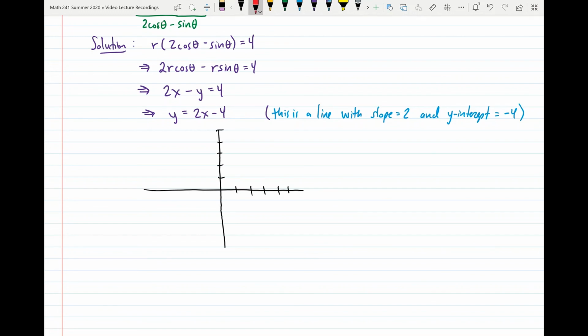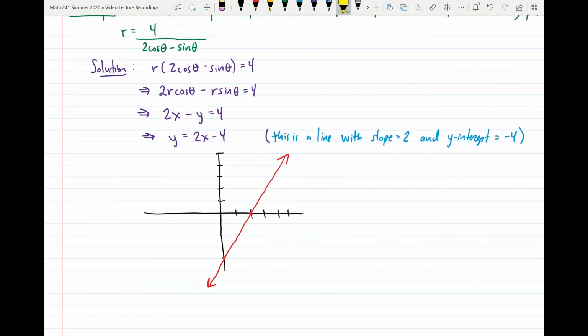Okay, so I know that my line goes through the point minus 4. That should be down here. And it has a slope of 2, so it's going to go through this point. And now I can just draw a line through these 2 points. And this ends up being a graph of the polar equation up here inside of the plane.